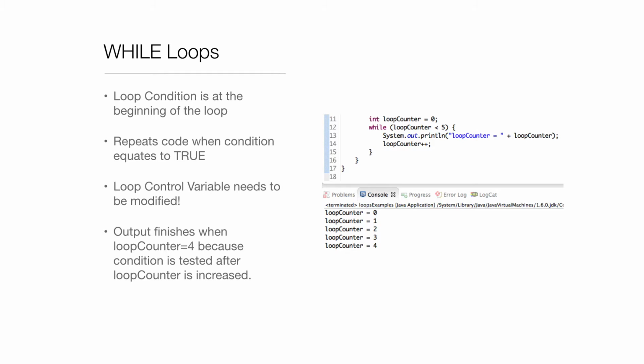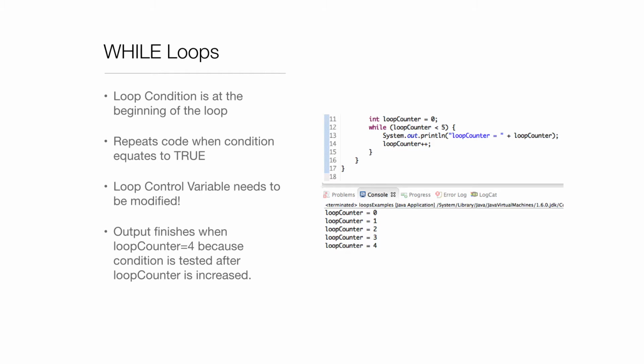For instance, if 13 and 14 were swapped, it would increase the value of loop counter before it outputted it. So you'd have system out print line loop counter equals 1 as the first output, because that would happen after it increased the value, and it may end in a different spot. You'd have to look at that and try and imagine it yourself, or run it yourself, see what happens.